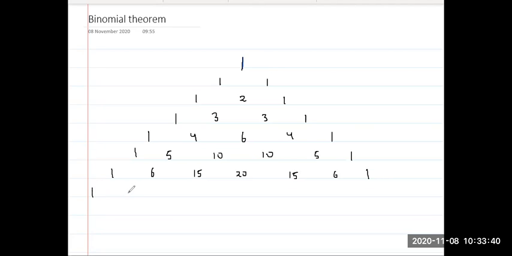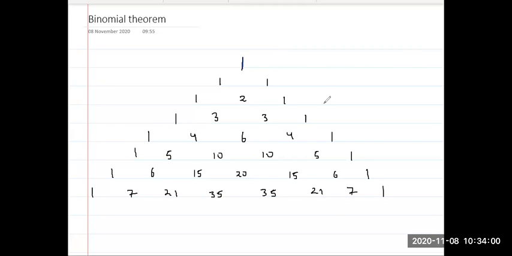This is called Pascal's triangle. This is called Pascal's triangle, right?